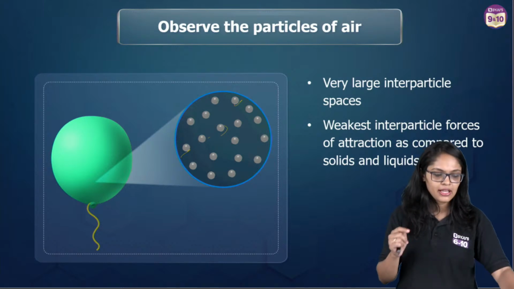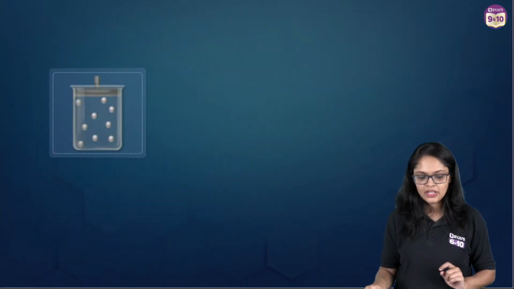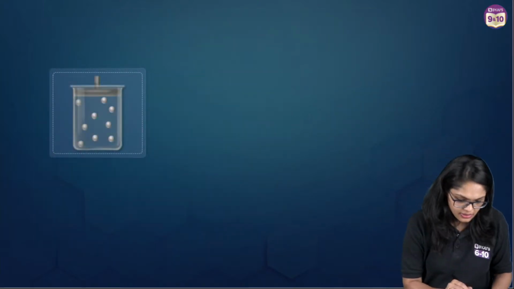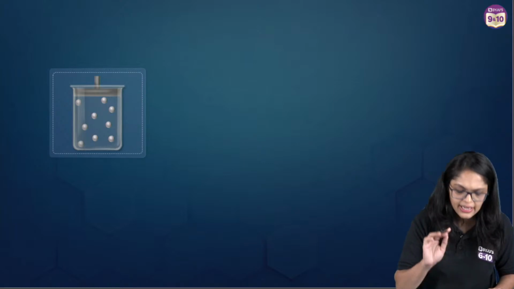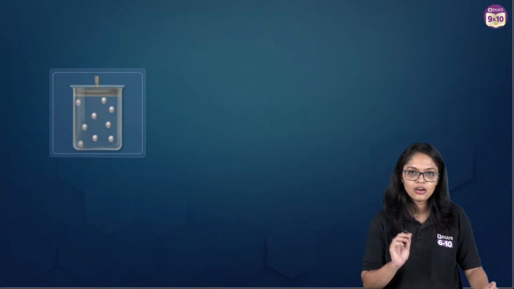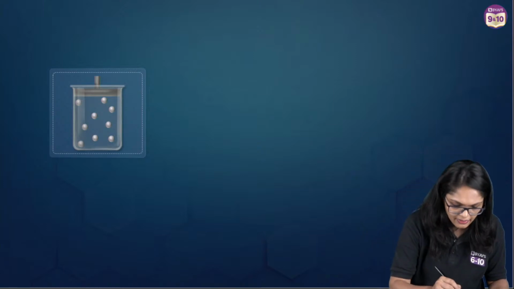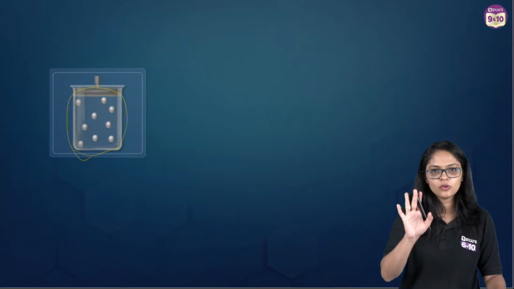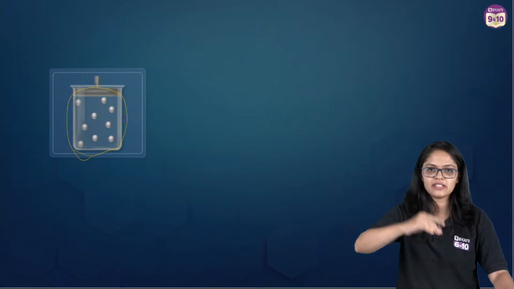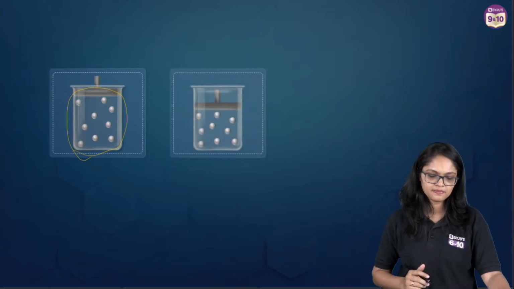Okay. Now, let me take a jar. Just see, there are 1, 2, 3, 4, 5, 6, 7, 8, 9 particles, and they have this much space here. Now I'll reduce the space.